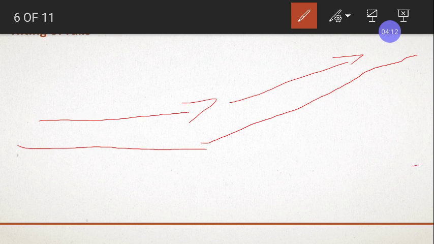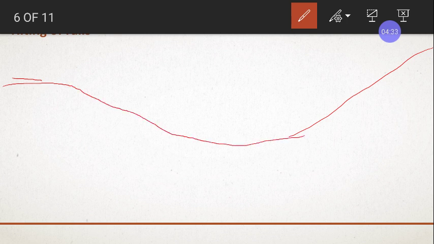How will we provide extra energy here? If there is a rising gradient like this, then before it, as the train comes, we provide a downward sloping gradient and just connect it like this. So whenever there is an upward gradient, we provide a downward gradient before it.